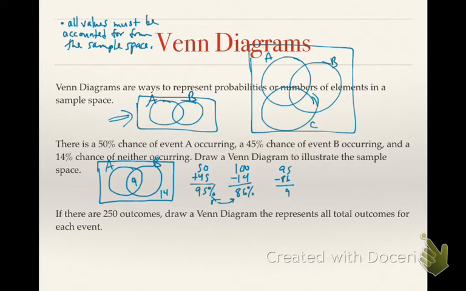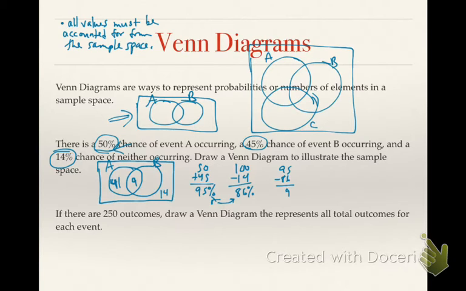Another way you can do it too is if you add the 50, the 45, and the neither, you'll get 109%. That also indicates your overlap as well, 9%. Okay. But either way, now we can figure out the rest of this diagram. Event A is 50% chance of occurring, so that must mean there's a 41% remaining that is in circle A, because everything in circle A must add up to 50%.